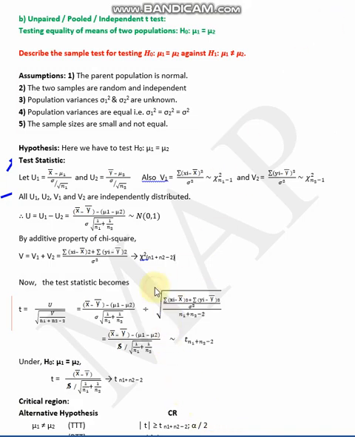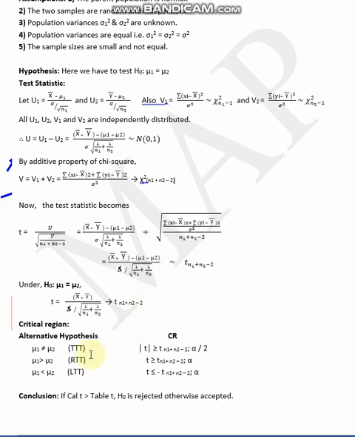See, this is my critical region for the two-tailed test, this is my critical region for the left-tailed test, and this one for the right-tailed test. These are the three critical regions, and if calculated t is greater than table t, we need to reject the null hypothesis, otherwise we accept the null hypothesis.